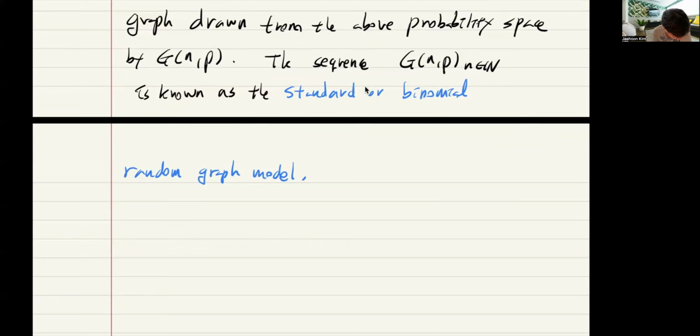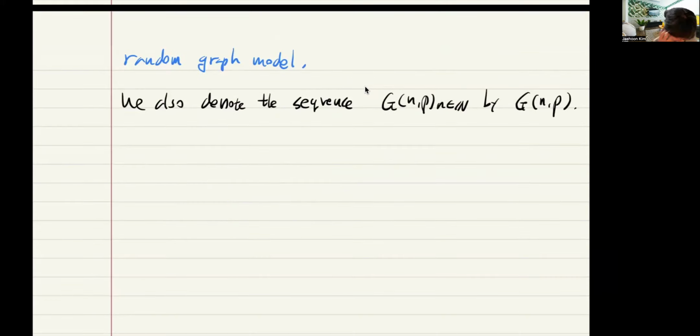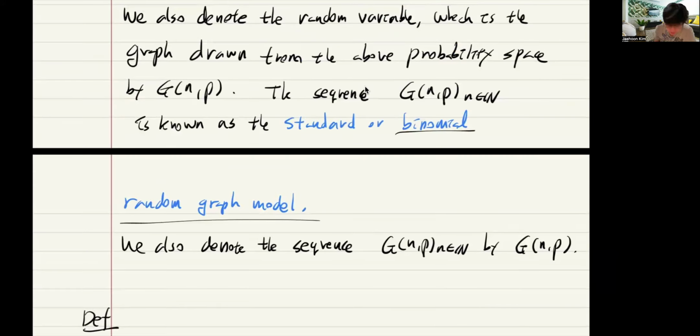Also we don't necessarily write it as a sequence. We also denote the sequence as G(n,p). Okay, so that's the binomial random graph model.